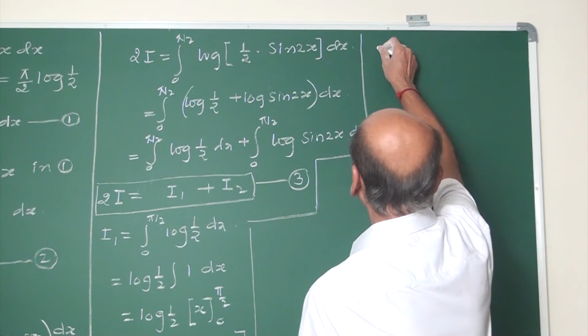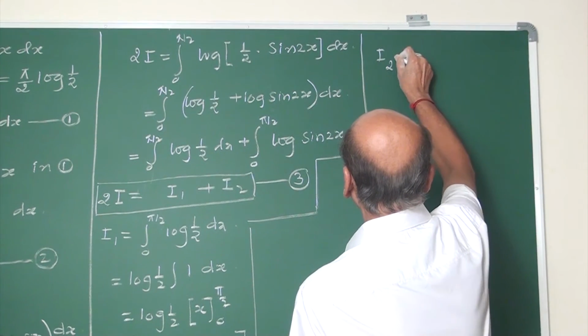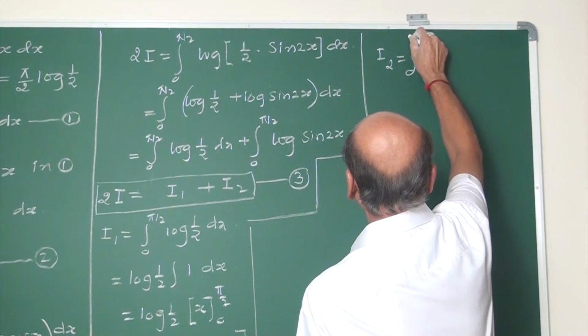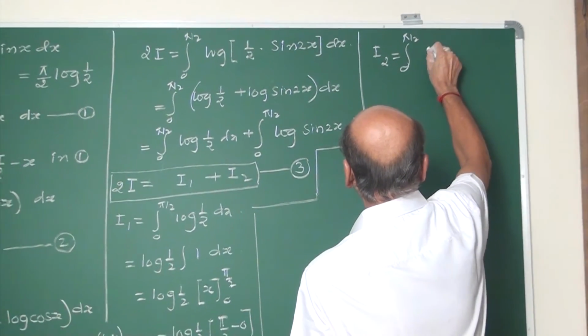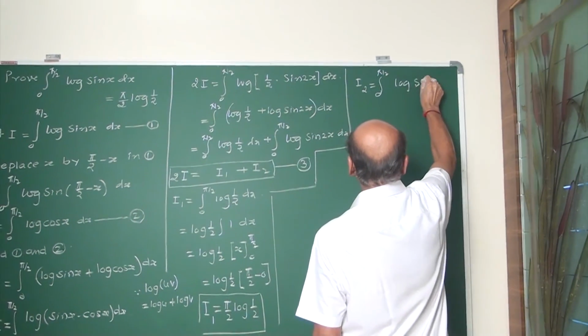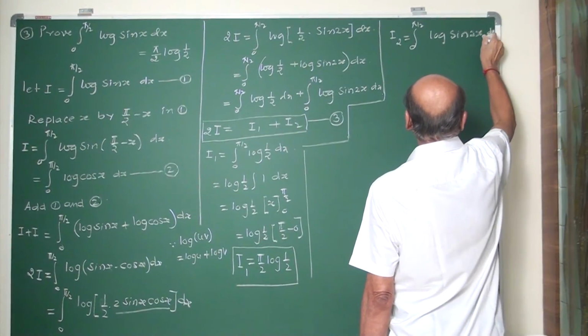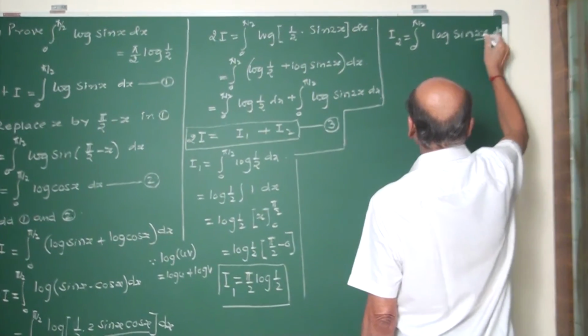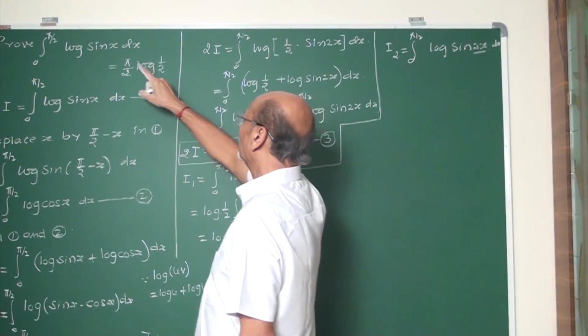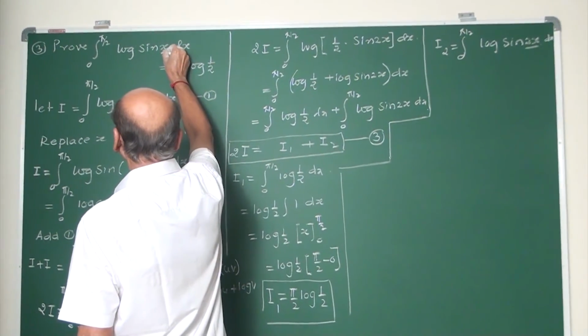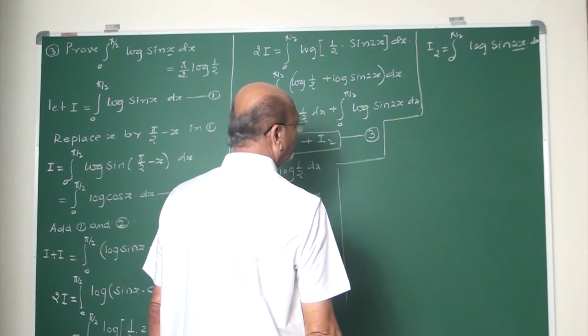I2. Integral 0 to pi by 2 log sin 2x dx. Now you have 2x, but in the given integral it is x. We wanted that to be x.